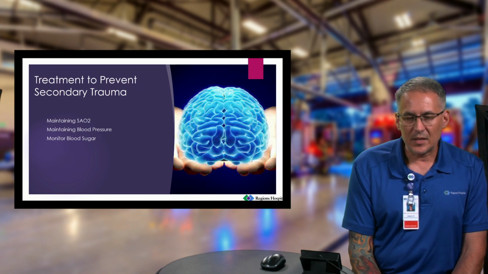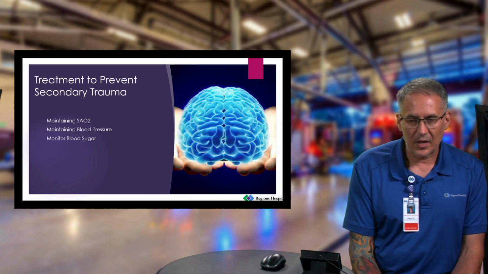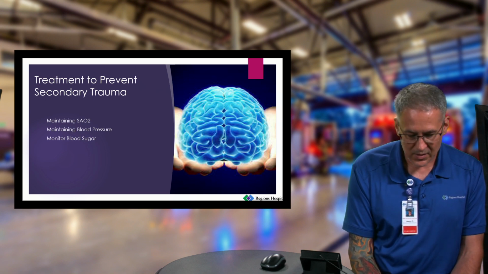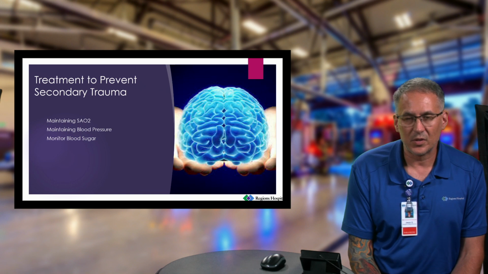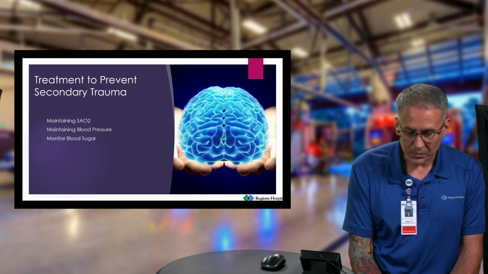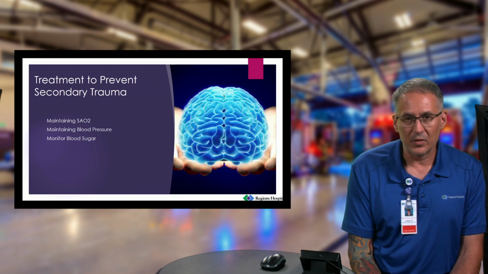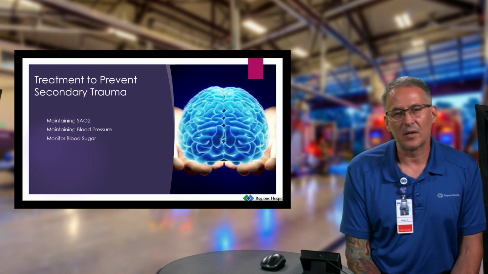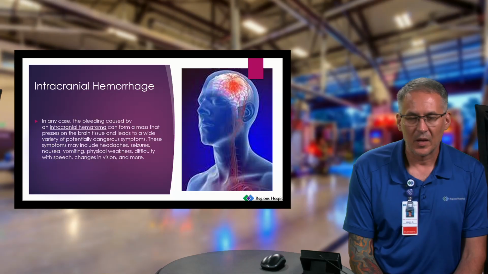The brain needs oxygen and blood. It needs oxygen in order to process. It needs the blood in order to bring nutrients and take away waste products, be it carbon dioxide or other issues. And when we impair one or all three of these, we greatly increase the insult to the brain.